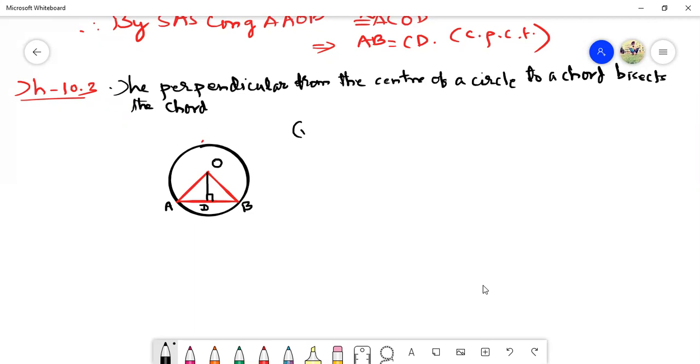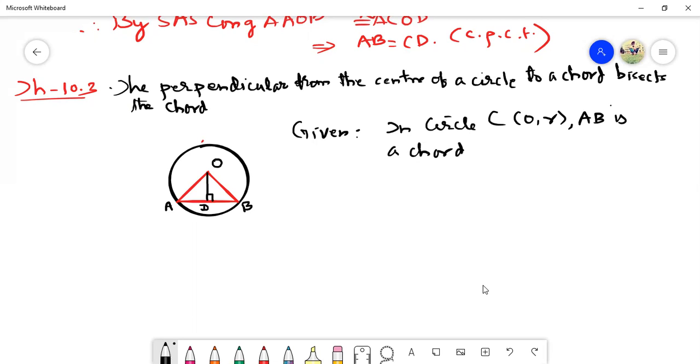So what is given in circle C, O, R, AB is a chord and OD is perpendicular on AB.